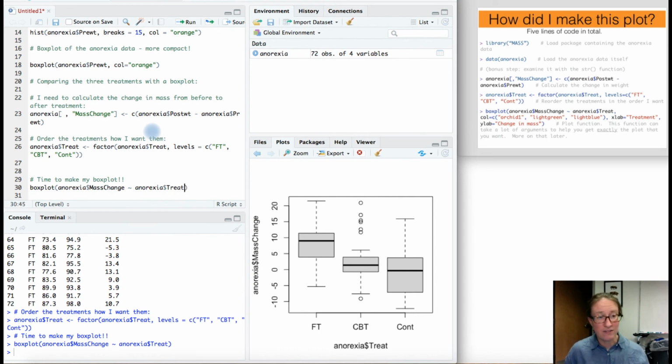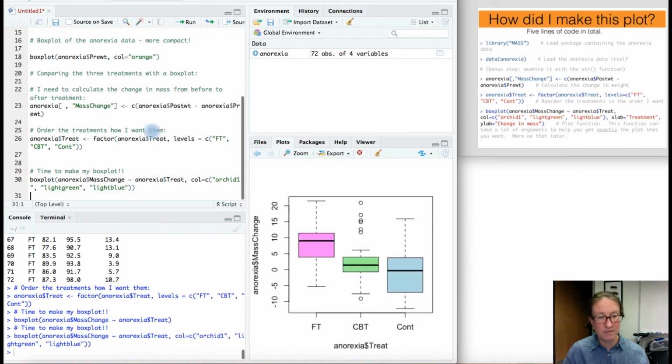So now that I've determined I typed that in correctly, I can start making the plot look prettier. I'm going to go back and add colors to each of the boxes. I've picked colors Orchid 1, light green, and light blue. Once again, I'm going to test and see if I added that correctly.